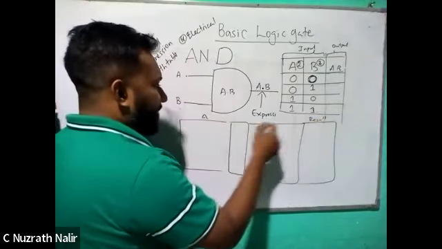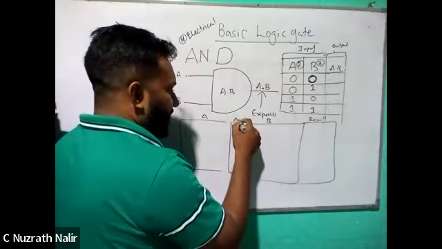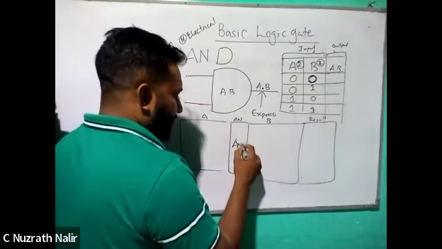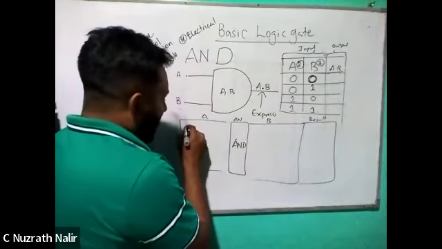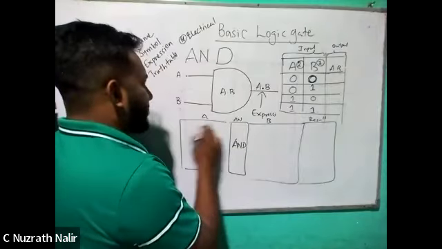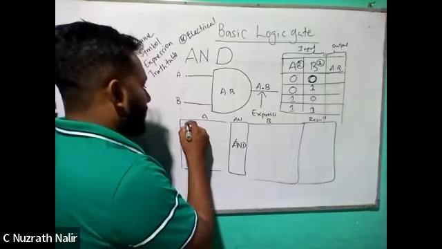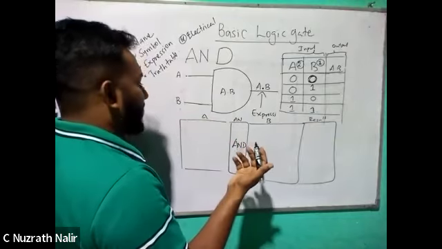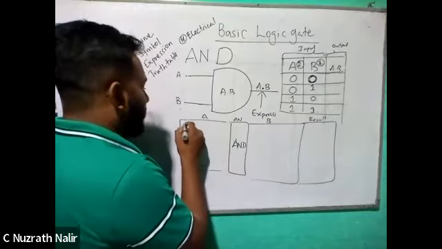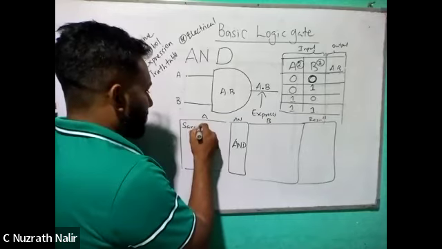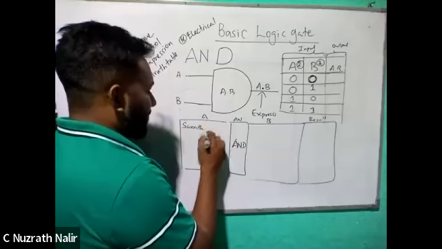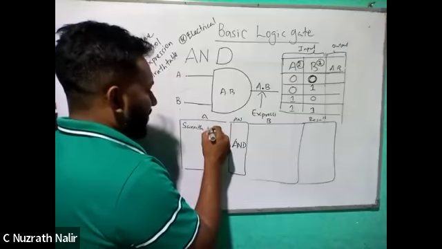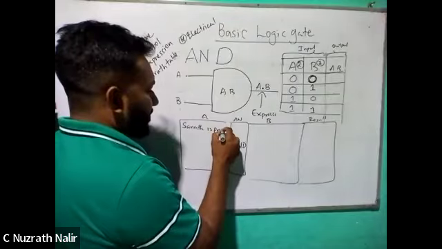So let's say the A statement, the B statement, we use the conjunction here. Let's say, I'm not sure that, but you can say that: Sanath Jayasuriya is a president.